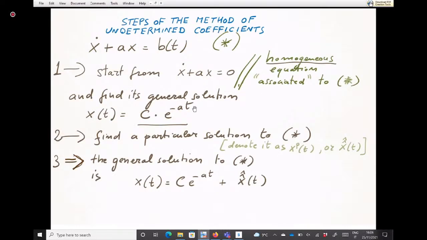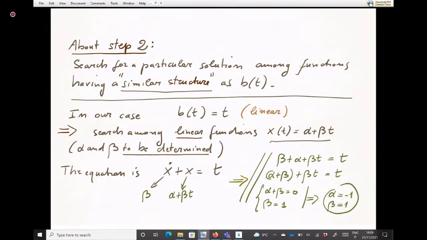Here is the description of how this solution method works. Now, I want to find a solution. I know what the general solution to the homogeneous equation is: x(t) is equal to c times the exponential of minus t, that is c times the exponential of minus a, which is minus 1, times t.